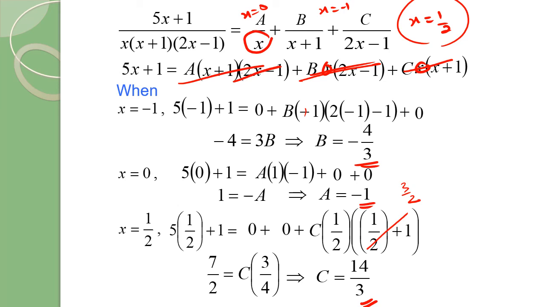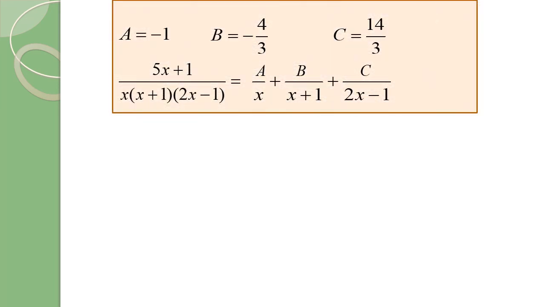So how to write down the final answer? We have 5x plus 1 all over x multiplied by x plus 1, 2x minus 1, and it's equal to a over x plus b over x plus 1 plus c over 2x minus 1. For a, it's easy. Negative 1, directly we put negative 1 over x. But for b, it's a fraction, so how to write down the answer?